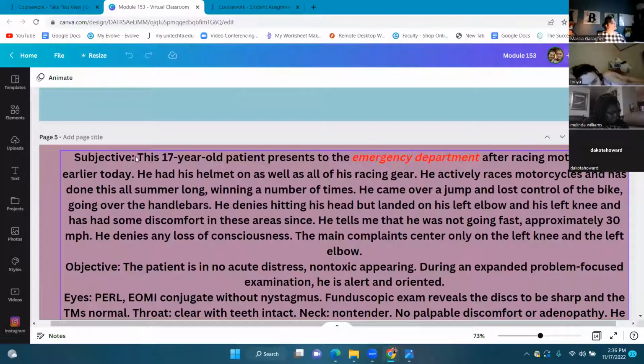All right. This 17-year-old patient presents to the emergency department. So what part of our E&M do we automatically know that we need to be in? Emergency department. We need to be in emergency. Does anybody know what page emergency starts on?